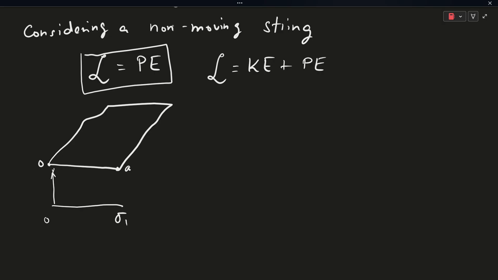So via my M mu function, I would map these points. This over here is my sigma axis, that's my tau axis, and through my M mu function, we map those coordinates onto their respective coordinates on the world sheet.